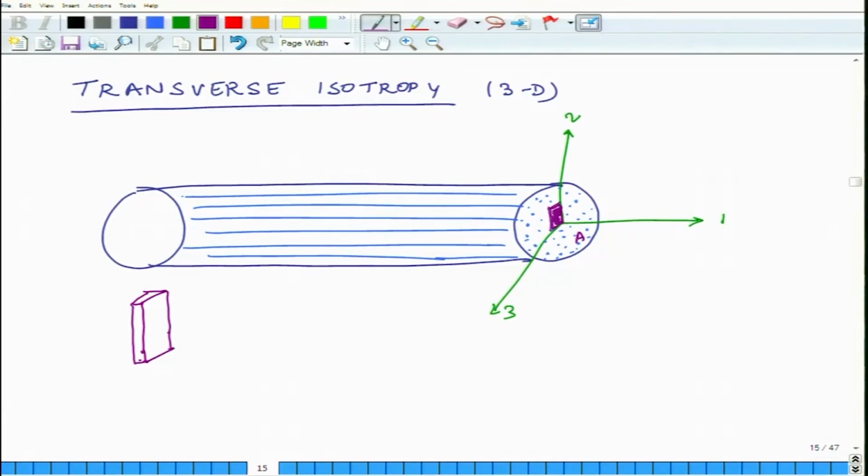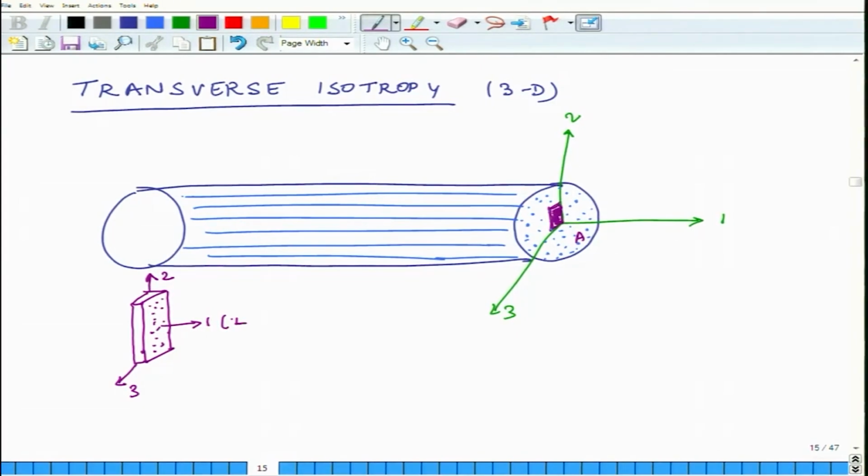This is how it looks, and all the dots are here. This is my 2 axis, this is my 3 axis, and this is my axis 1. Now, if I test it, 1 axis is what?